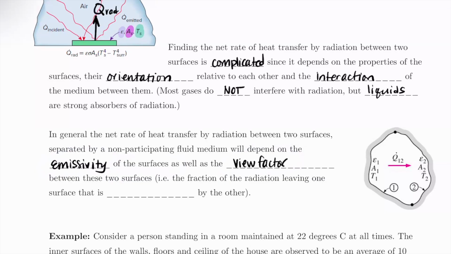Sorry about that, I said view factor too soon. View factor is just the fraction of the radiation leaving one surface that's absorbed, or intercepted, by the other.